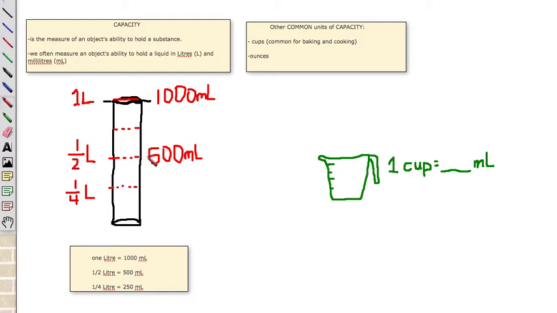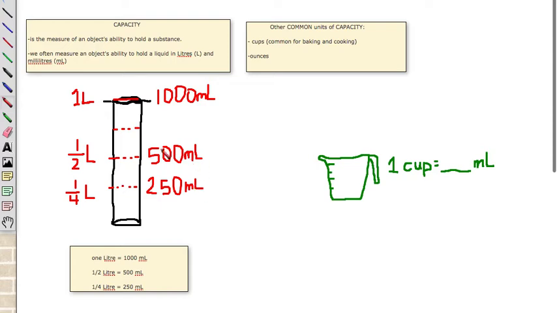If 500 was halfway, well, 1/4 is half of 1/2. So if I took 500 and I split it into 2 equal pieces, how many milliliters would I have? 250 is correct.